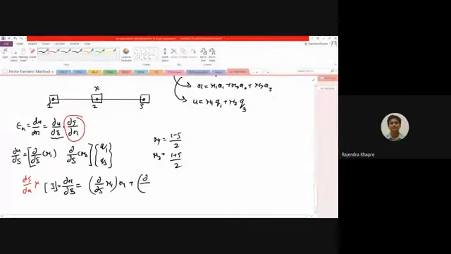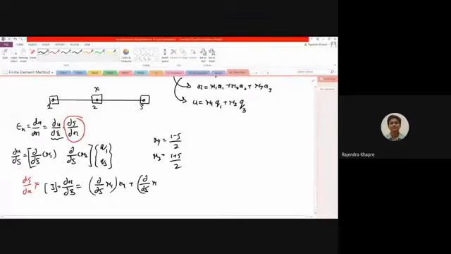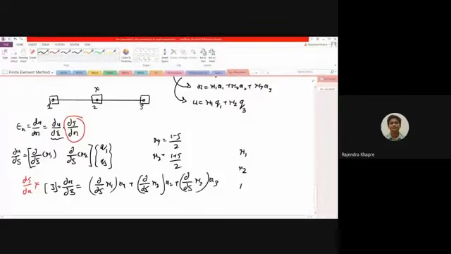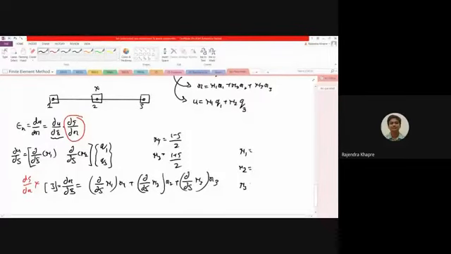So we can have del by del xi of n2 into x2, then plus del by del xi of n3 into x3. If you go for its derivation, you have to use the n1, n2 and n3 values of the 3 nodes.